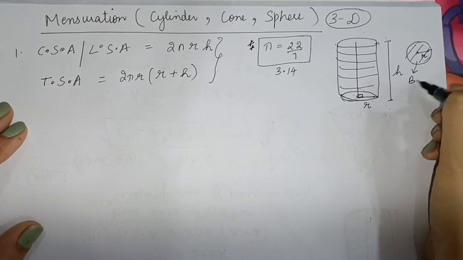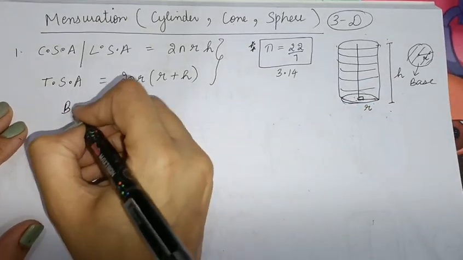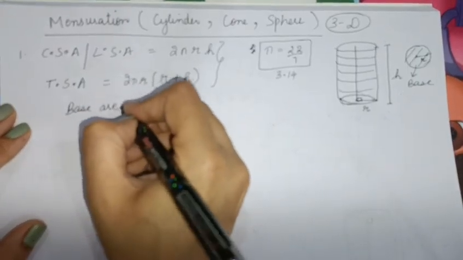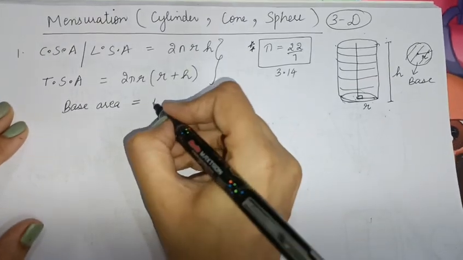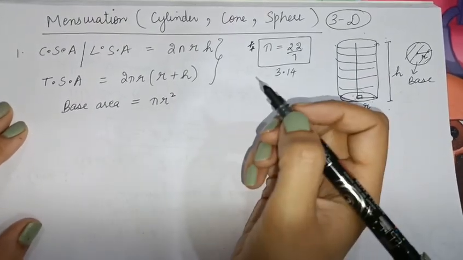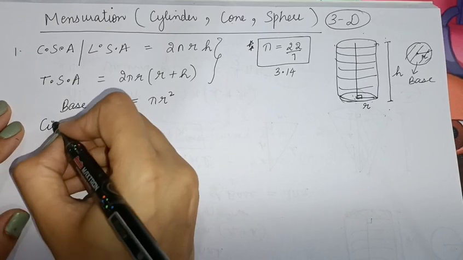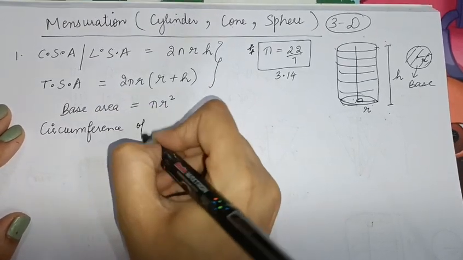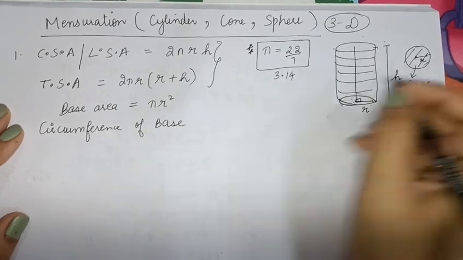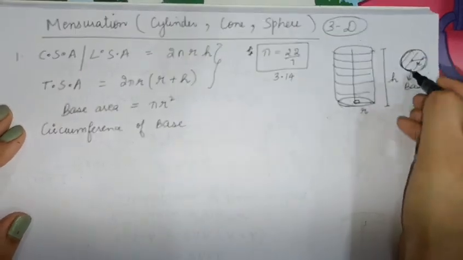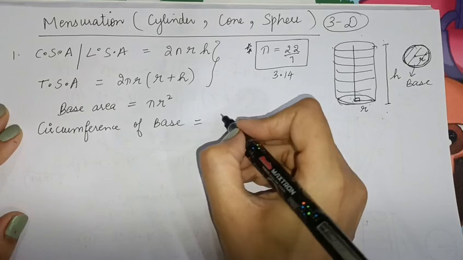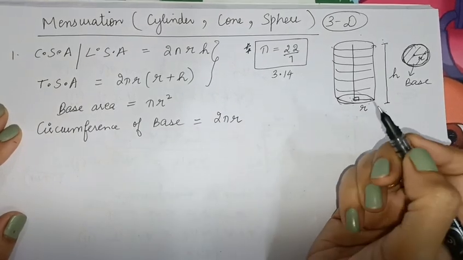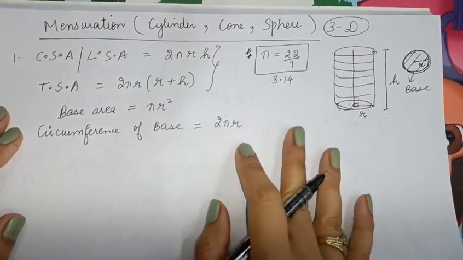Okay, so base area, because it's a circle, here we will use the formula pi r square, and circumference of base. Circumference means the perimeter, this part. So its formula is 2 pi r. So these formulas you should know.